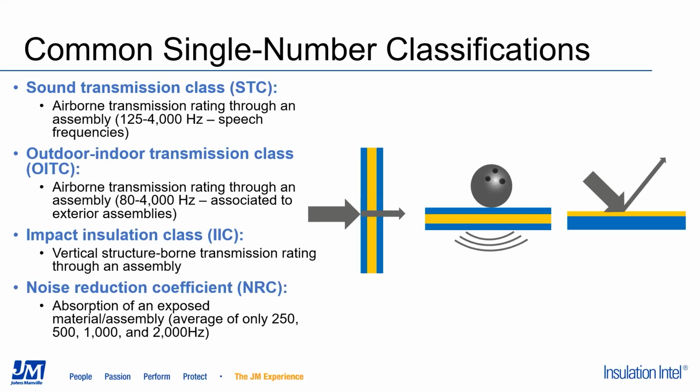But these top 3 are all related to decibels, which we discussed in the last slide. And the final bullet here is on sound absorption. So we have the noise reduction coefficient, NRC, which is a measure of absorption across the most common speech range, which is our 250 to 2000 hertz range. And that's on a scale of 0 to 1, with 0 being totally reflected and 1 being totally absorbed.